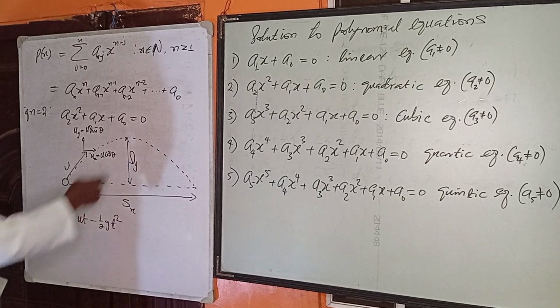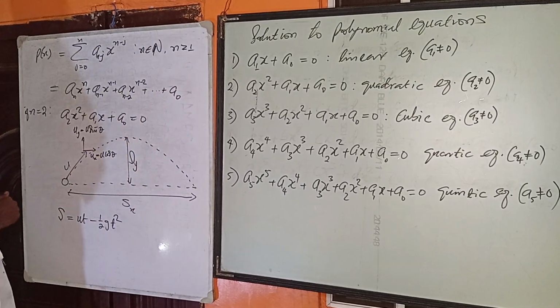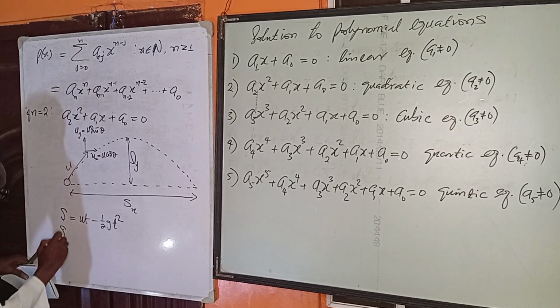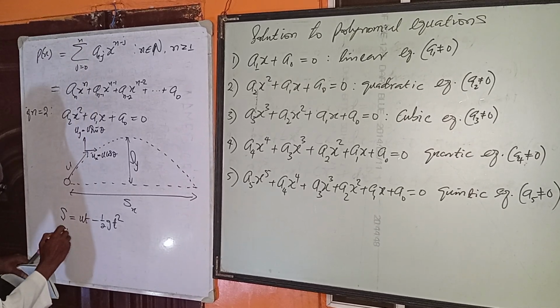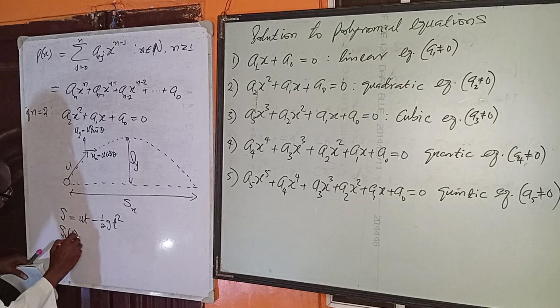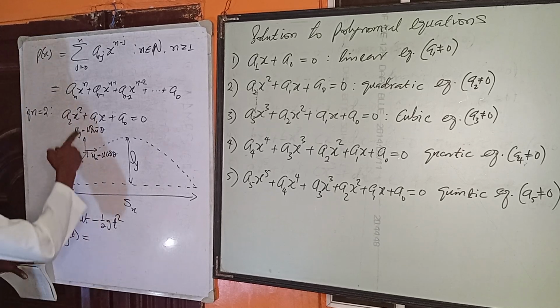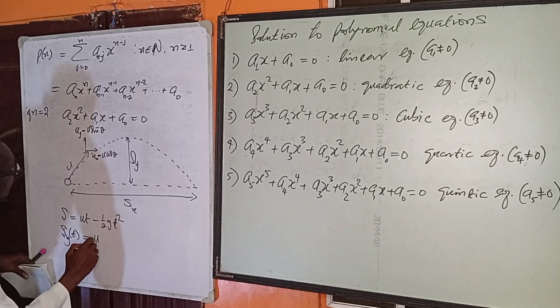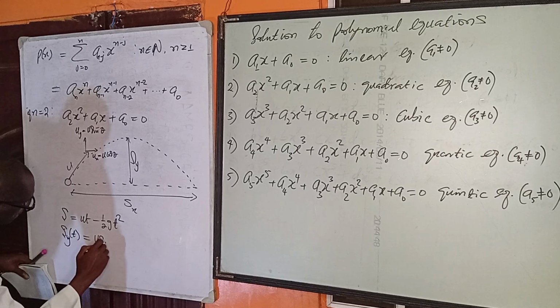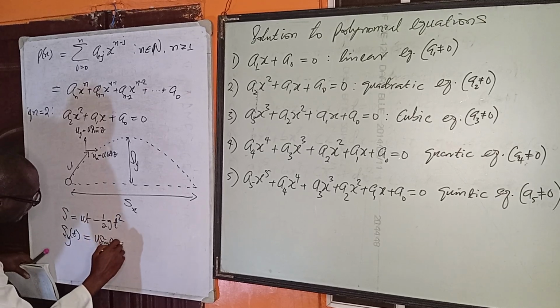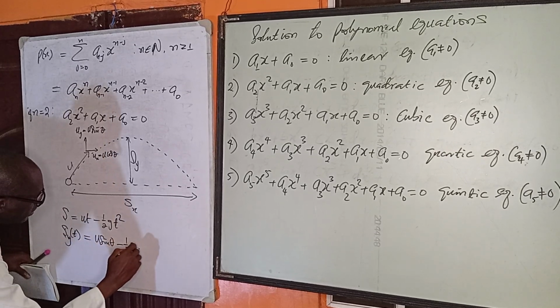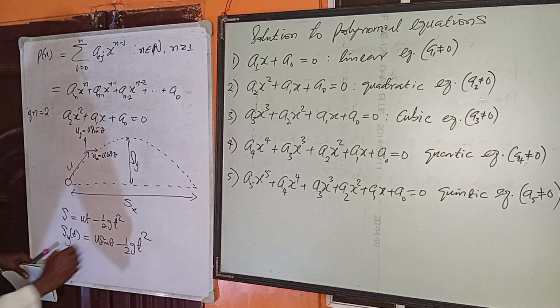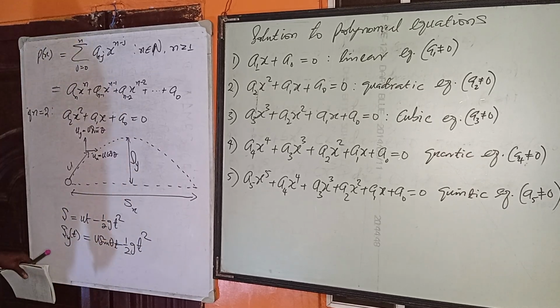So now if I'm interested in the vertical distance, then my y, of course, which is a function of t, is now equal to u sine theta t minus 1 over 2 gt squared. Okay.